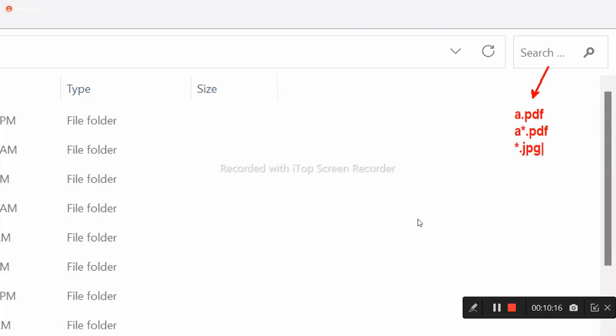If I want to find all jpg files starting with s, then we will use s asterisk dot jpg. If I want to find all files, then I use asterisk dot asterisk. If I want to find all PDF files, asterisk dot PDF, like this.